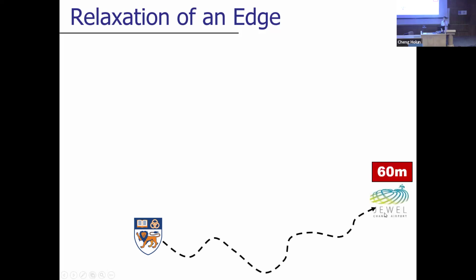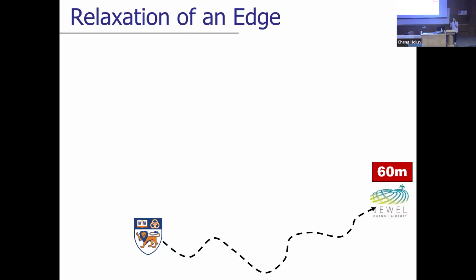Let's say you start from NUS, okay? Last time you started from NUS, and you know that you want to go to Changi Airport. And you know that, before my estimated time, I don't care how you go there. Somehow, in the middle of calculation, I know from my experience that I need to go from NUS to Changi Airport, using 60 minutes of time.